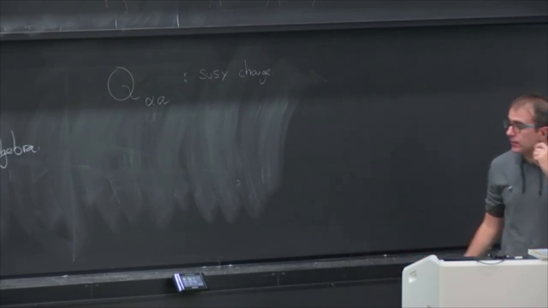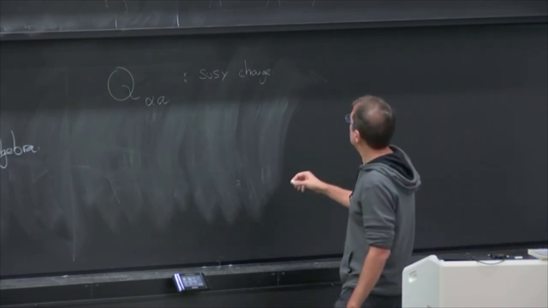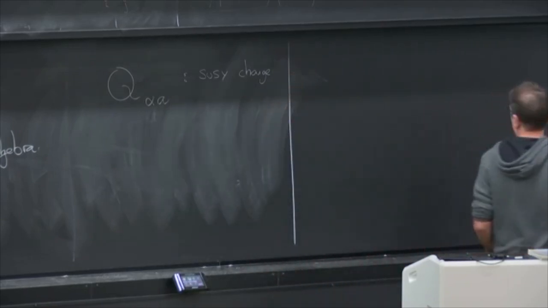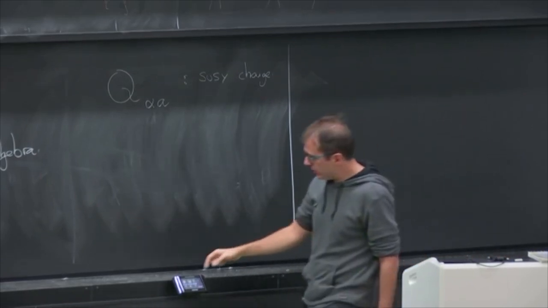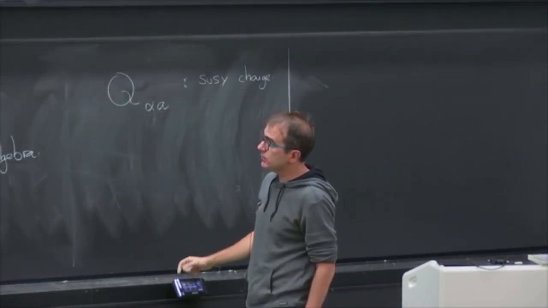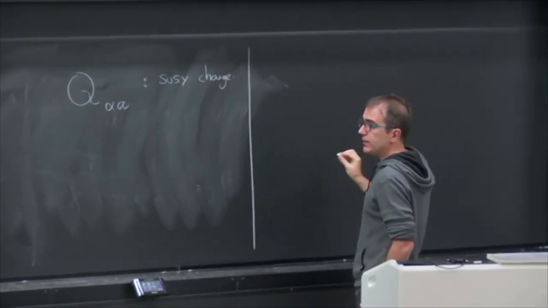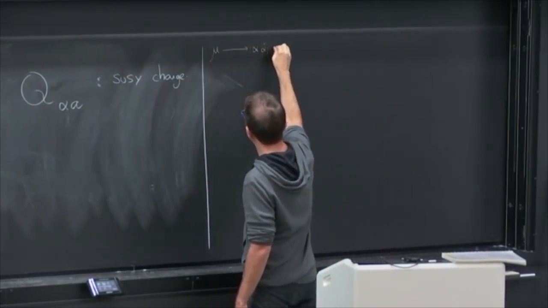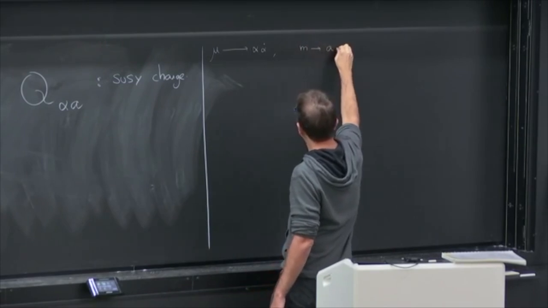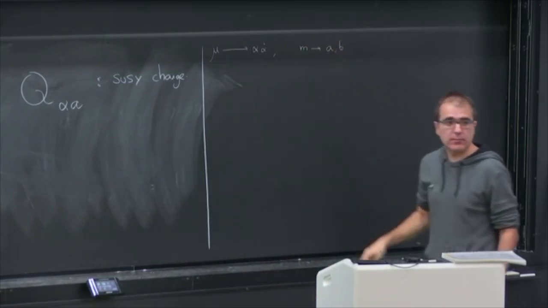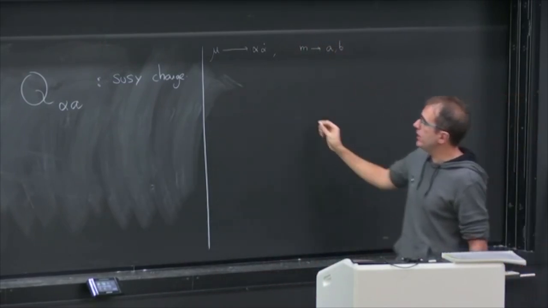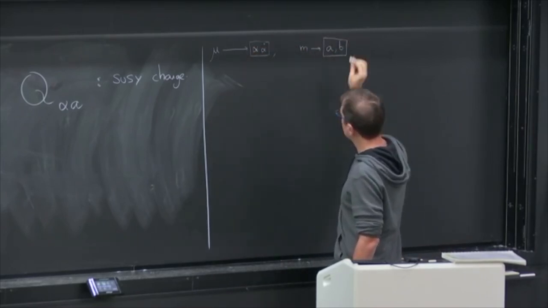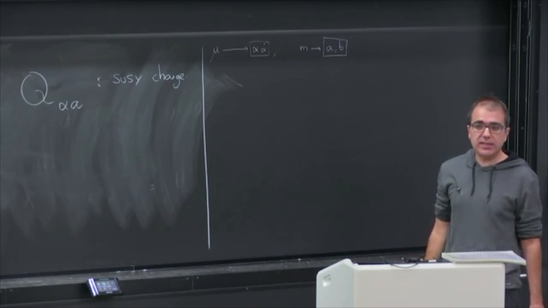But to write it now, it's more useful to do something related to what Anna was asking. We have these SO(6) and SU(4) indices, right? So it's very convenient to go, like we said, mu you replace by alpha, alpha dot, and M you replace by A and B. And then all you have at the end of the day are these types of indices, alpha and alpha dot, and A and B. Then everything becomes nicer, right?